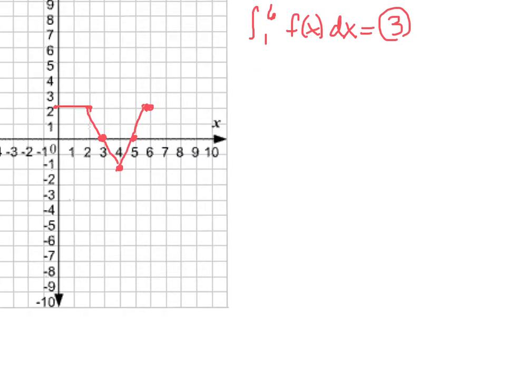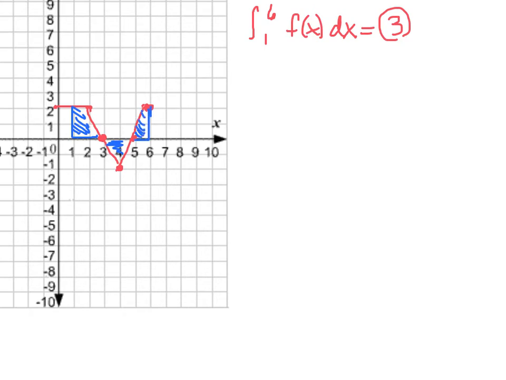So be very careful that you are looking just at this space right in here. Then we're going to look at this triangle that's underneath the x-axis, and then this triangle right here.